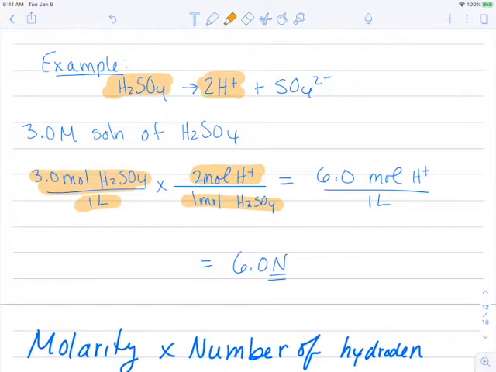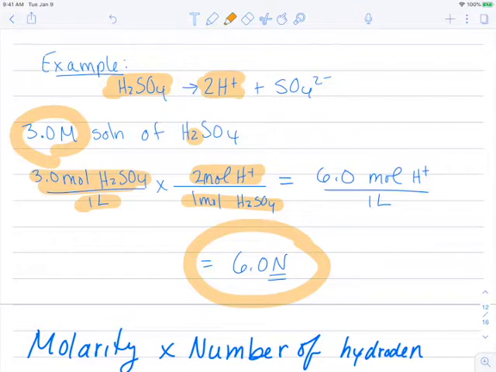So it actually is 6 moles of hydrogen ion per liter. Instead of being 3 molar, we could call it 6 normal. So it is twice as strong as we thought it was for molarity, and that is because of the 2 hydrogen right here. This allows us to compare our sulfuric acid to something like HCl.